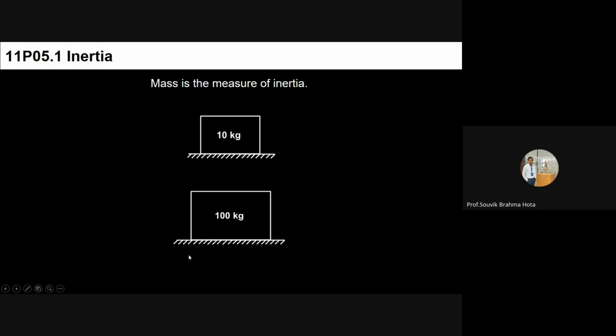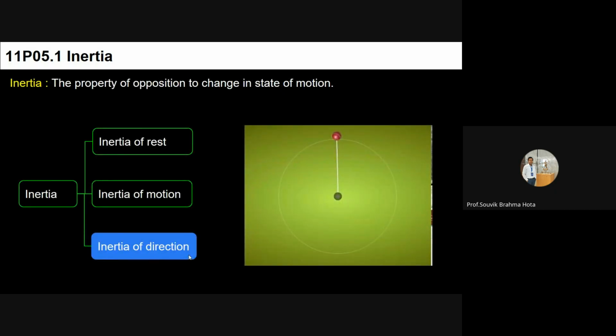See, first thing, whenever you are standing on a bus or any vehicle, and suddenly it starts moving, what will happen to you? You basically fall back, isn't it? The upper portion of your body bends towards the backward direction.